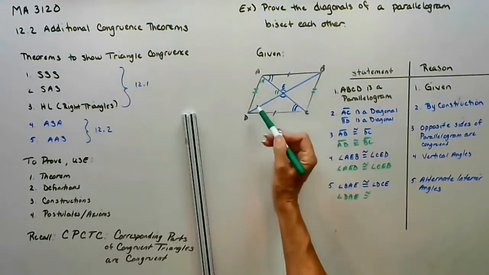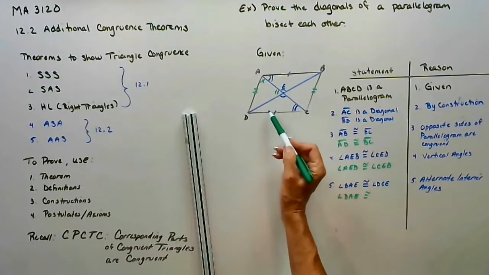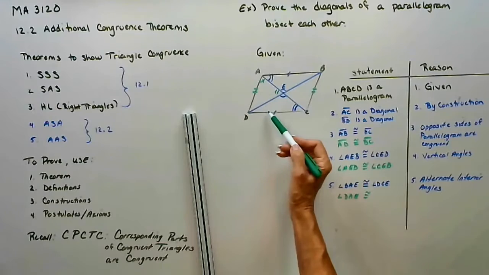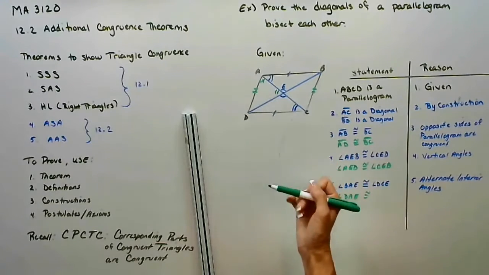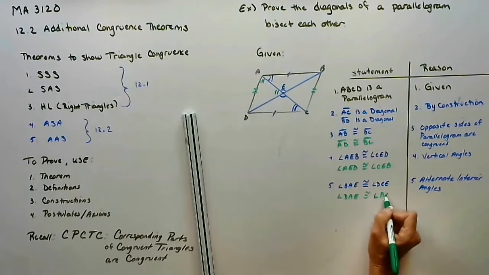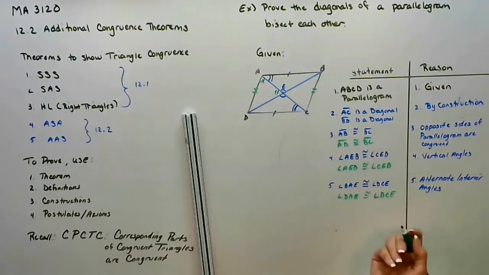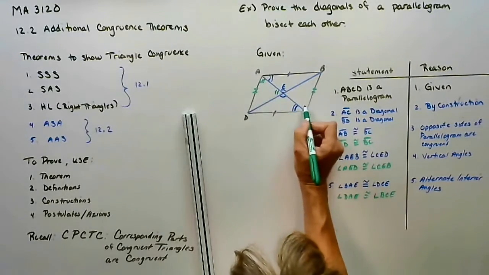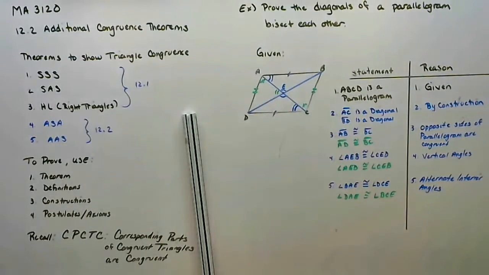D to A to E would be the same as B to C to E. Same argument. Yep, if that one's here, that one's here.